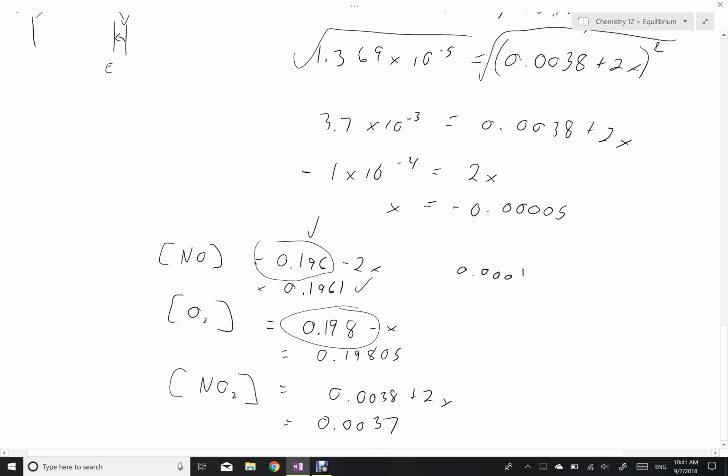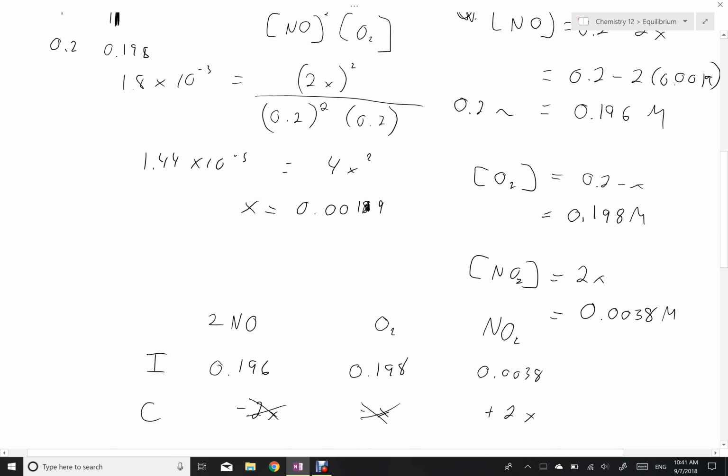And so it's a minor change, but by repeating this process, I'm getting closer and closer to the exact solution, or a solution that leaves me with no assumption or no discrepancy between what I assume the concentrations of the reactant to be and what they actually were when they completed at equilibrium.